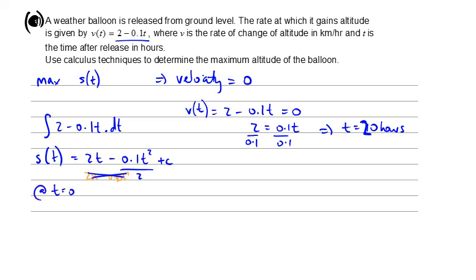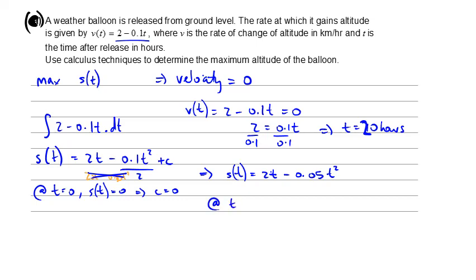At time of 0, the height is 0, which implies c is 0. So therefore my height is going to be 2t minus 0.05t squared. All I've done is 0.1 divided by 2.